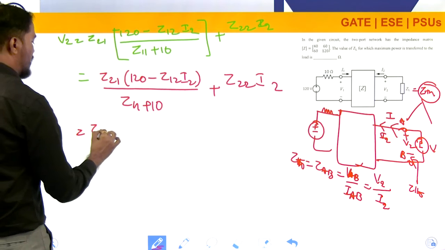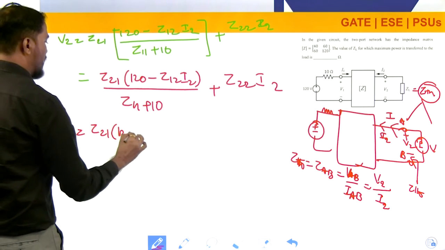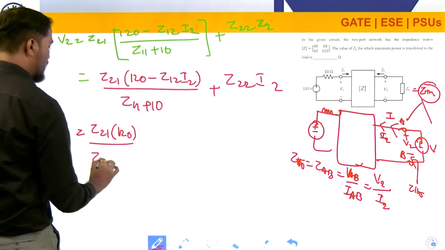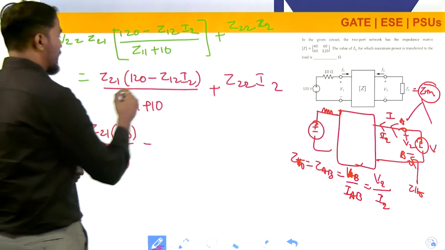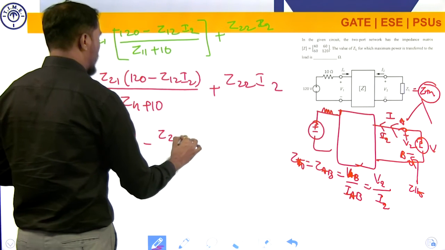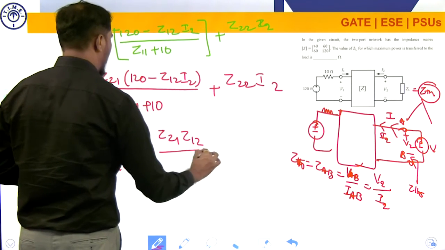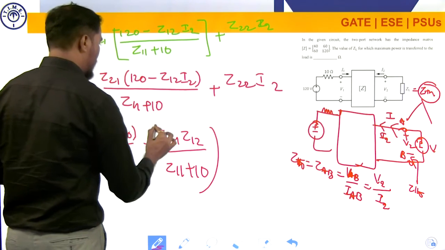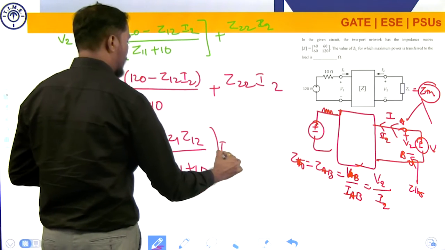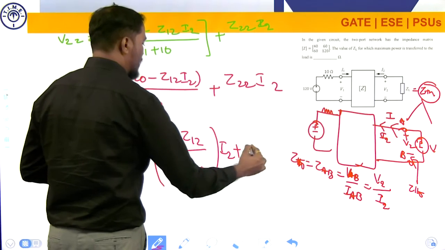That is Z21 into 120 by Z11 plus 10, minus Z21 Z12 by Z11 plus 10 into I2, plus Z22 I2.